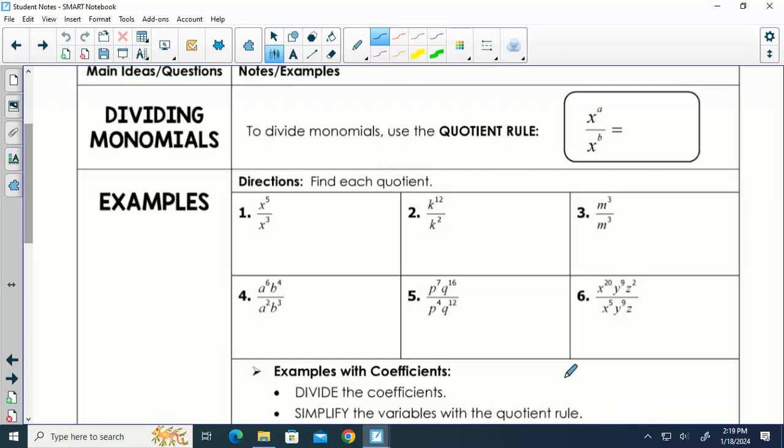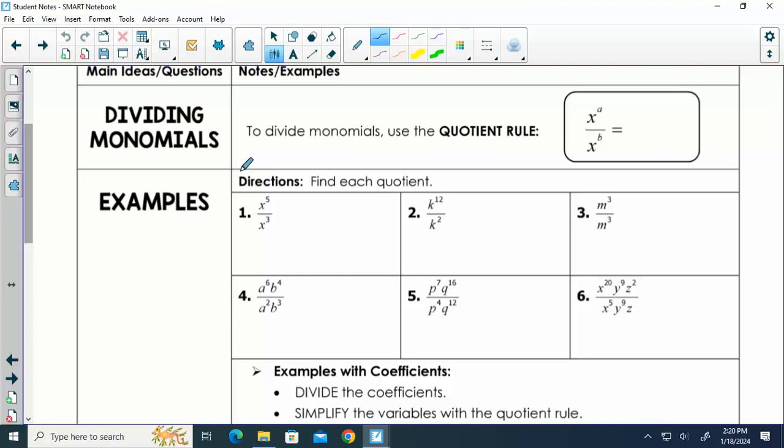Okay, so we know if we are multiplying, if I said like x to the 6th times x squared, what do we do with those exponents? Add them. So if I gave you x to the 6th divided by x squared, what do you think we would do? Subtract.